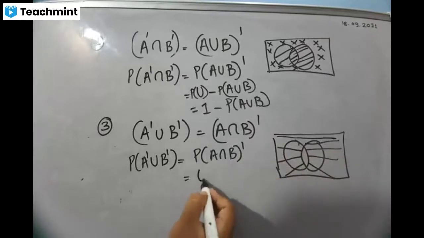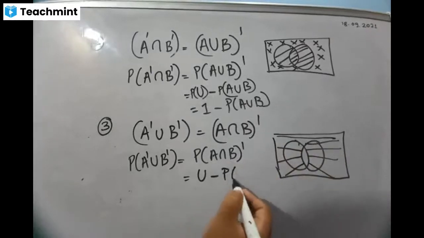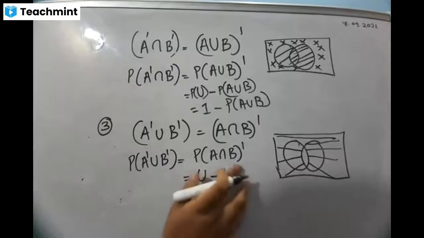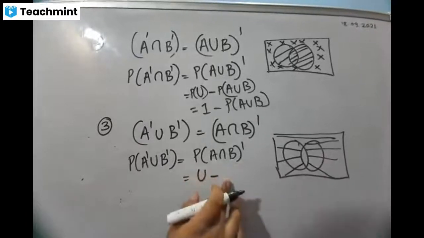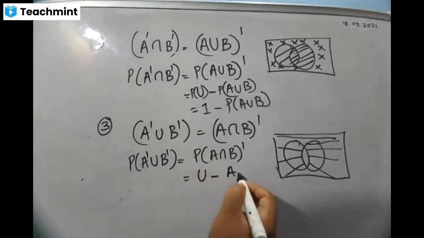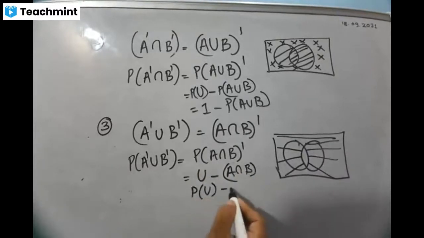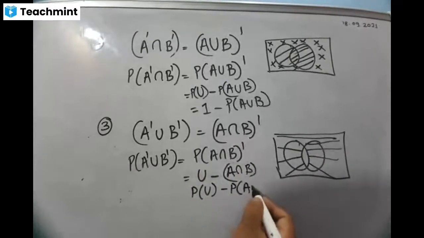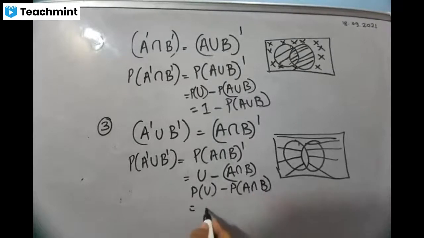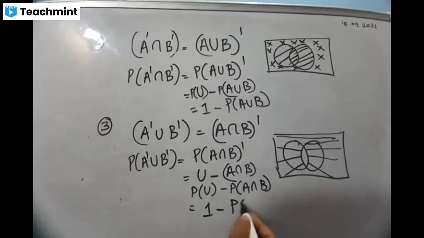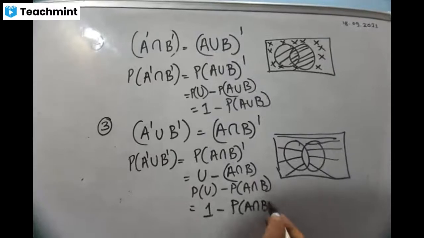It's going to be the universal set minus A intersection B. So when you apply the probability on both sides, probability of the universal set is always equal to 1, minus probability of A intersection B.